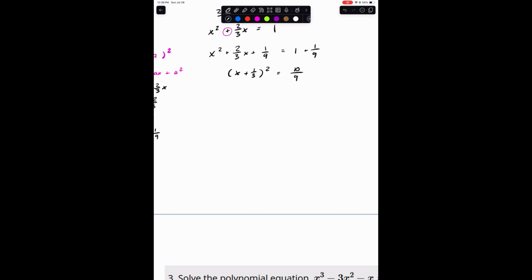I can now take the square root of both sides. So x plus 1/3, and because I start with an exponent, this is plus minus square root 10 over 3. So x equals negative 1/3 plus minus root 10 over 3. That is the solution.